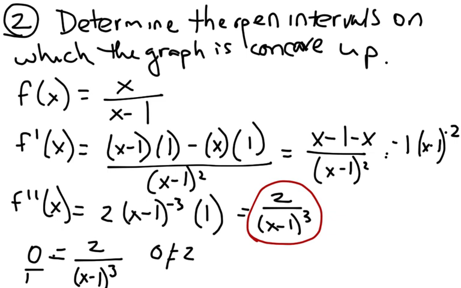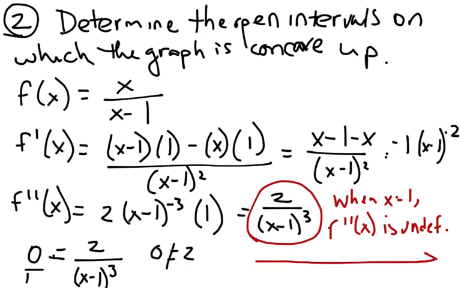What x value would cause the denominator to equal 0? 1. So, when x equals 1, f double prime of x is undefined. So that's going to be a potential candidate for a point of inflection.